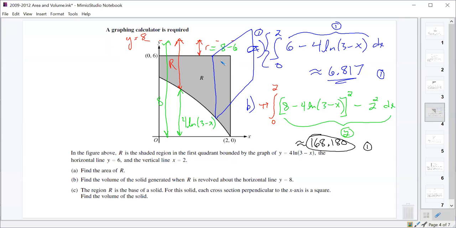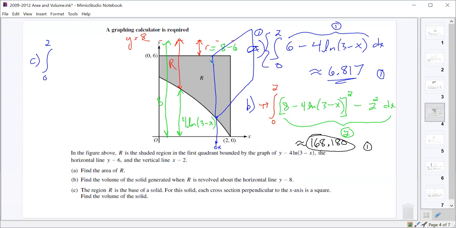If this is projecting out of the screen at you, the thickness of it is dx. So we're going to have to do this in terms of x, which means we're still going to integrate from 0 to 2. If there's squares, it should just be the side length squared.